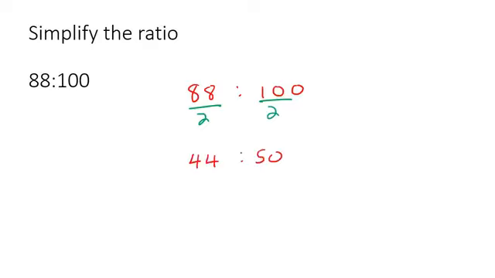But then don't stop there because now we can use the number 2 again. So we just divide by 2, and that'll give you 22 and 25. Now, there is no number that can now go into both of those. You could try. The number 3 doesn't work, 4 doesn't work, 5 doesn't go into both of them, 6, 7, 8.